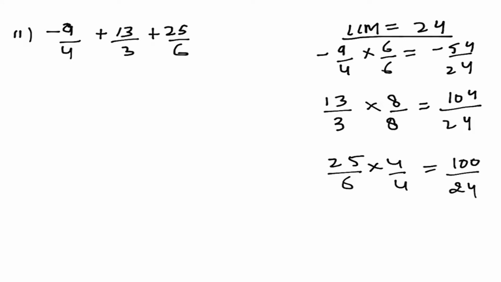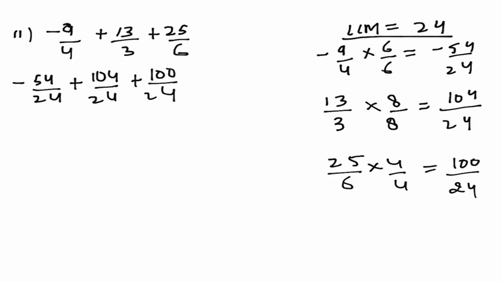Now we will replace these numbers. We get minus 54 by 24 plus 104 by 24 plus 100 by 24. So now minus 54 plus 104 plus 100 divided by 24. Now we can add the two positive numbers. So 104 plus 100 will give us 204.